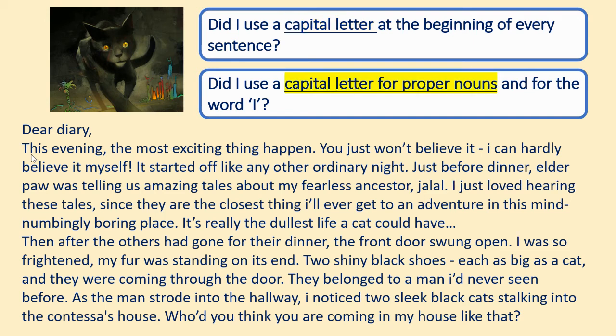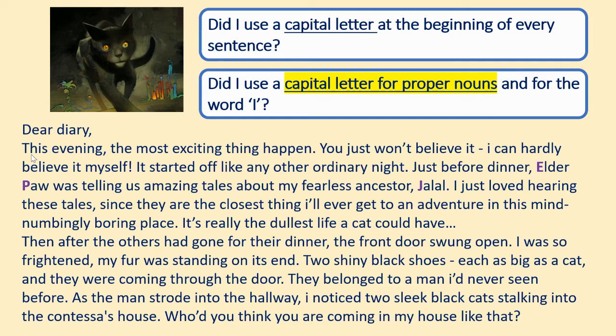So let's have a look and see if I've got a capital letter. I haven't for Alderpoor. Really important. Alderpoor, that is his name. Alder is his first name, and they're the Poor family. Just like I'm the Standring family, they're the Poor family. So Alder and Poor must have a capital letter at the start. And Jalal, who is our fearless ancestor, that is his name.